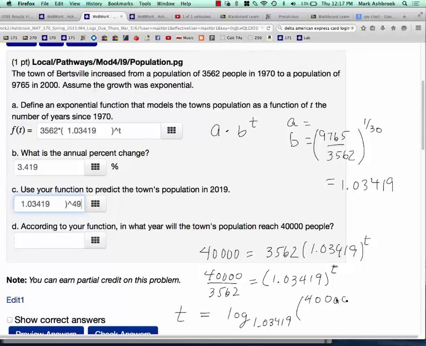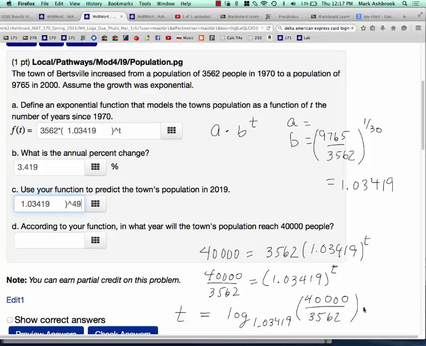Okay, so it gives this. t is the exponent of that base that gives this, and this is what it says: t is the exponent of that number that gives that. So much easier than taking the log of both sides.